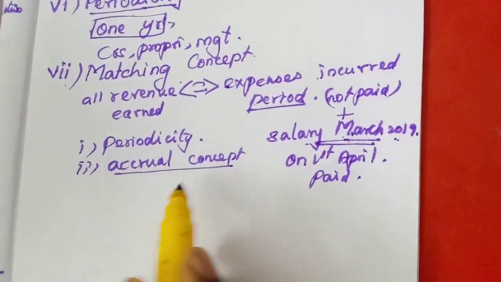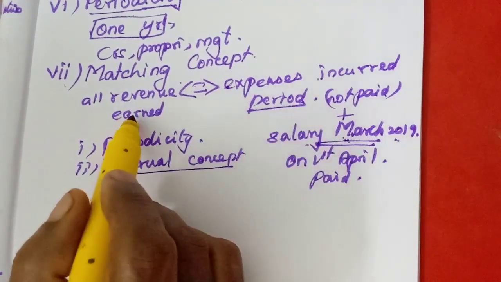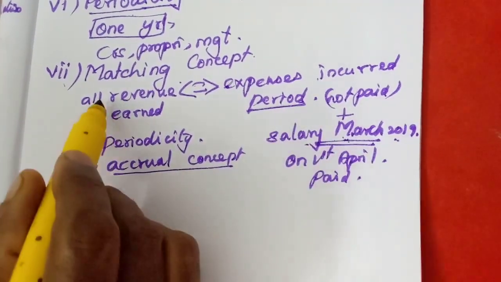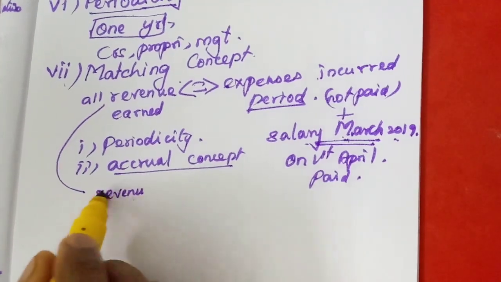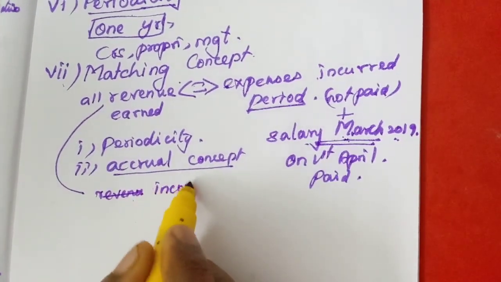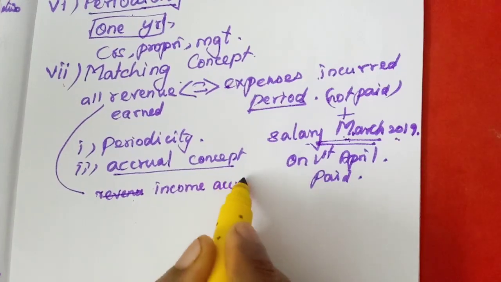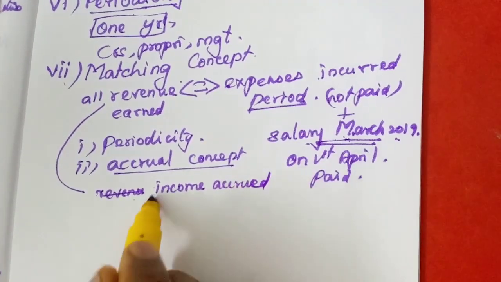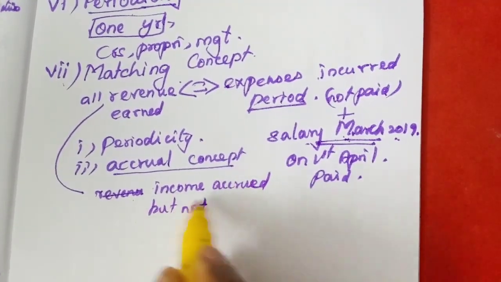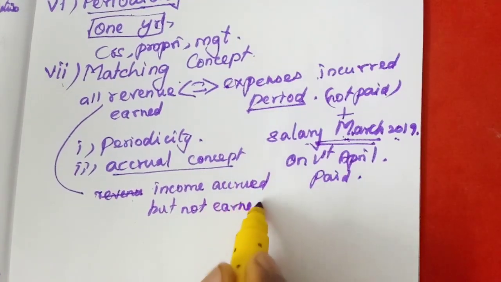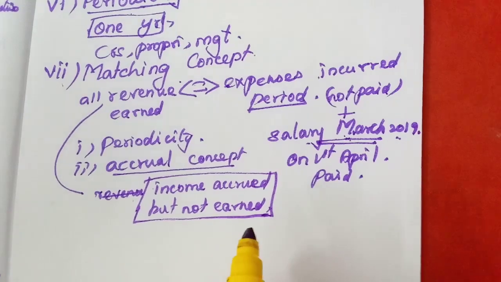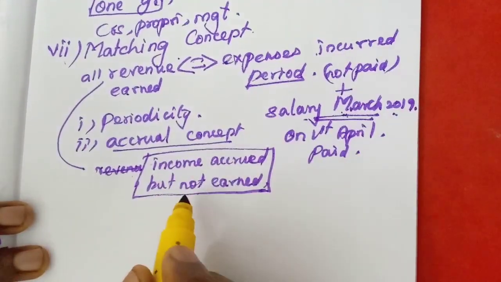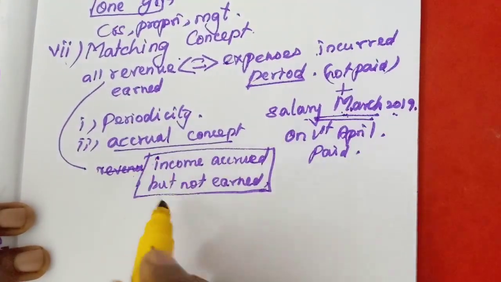The same thing will be applicable for revenue also. Income accrued but not earned. What is the meaning of this? I will explain this also with an example. For example, rent received.